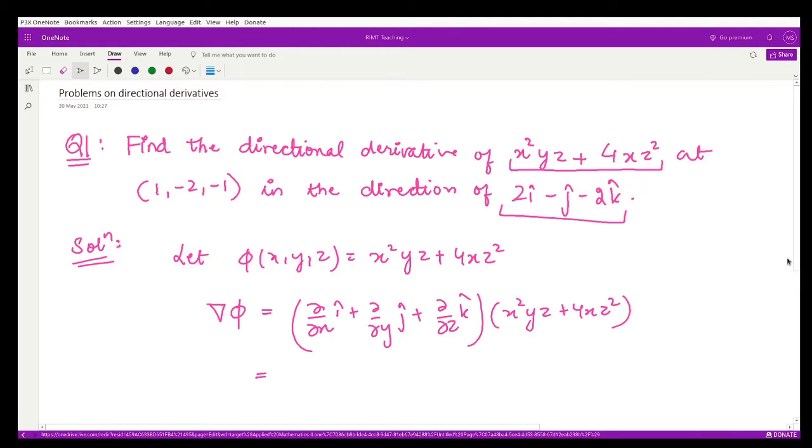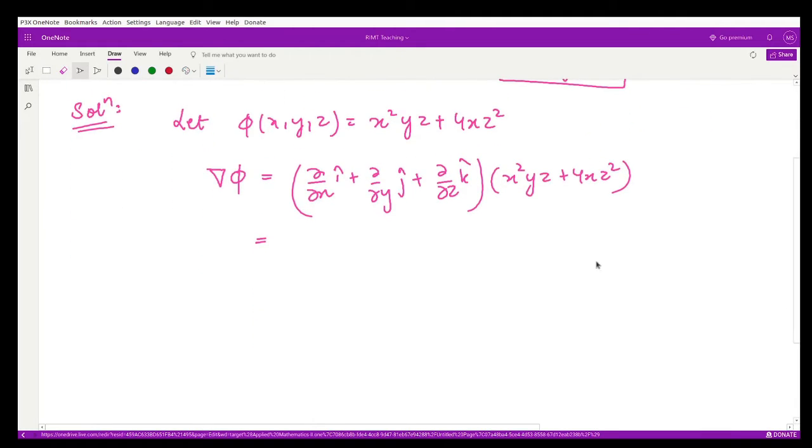So when you take the partial derivative with respect to x of this quantity, it would be 2xyz plus 4z square, this quantity i cap, plus when you take the partial derivative of this whole function with respect to y, it would be x square z into j cap, because there is no y term in the other part.